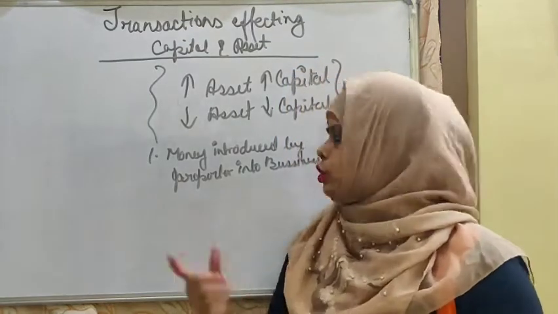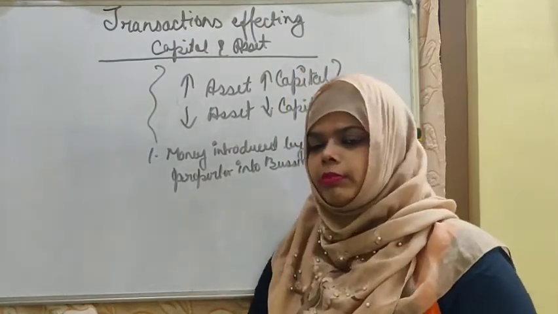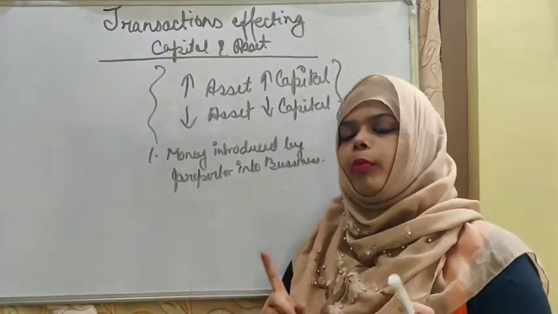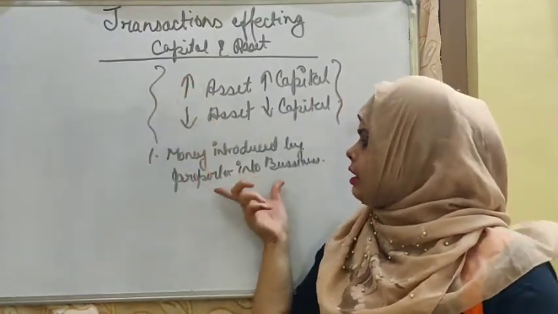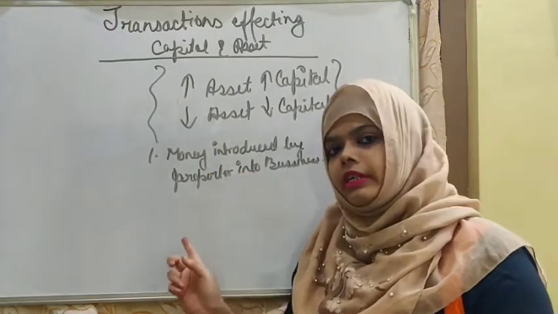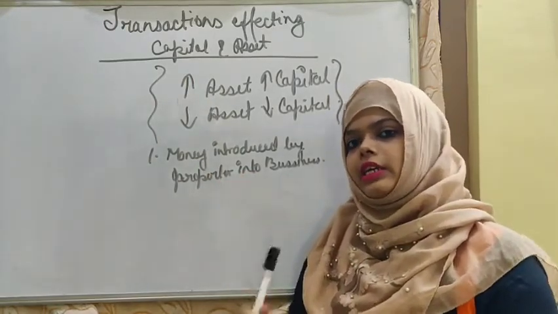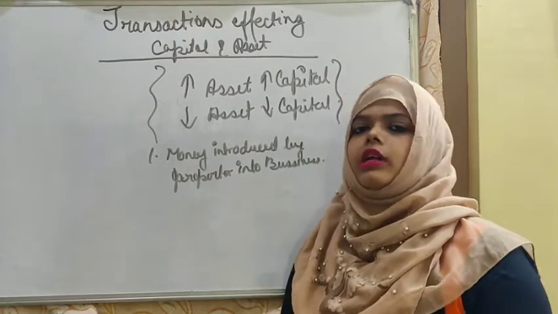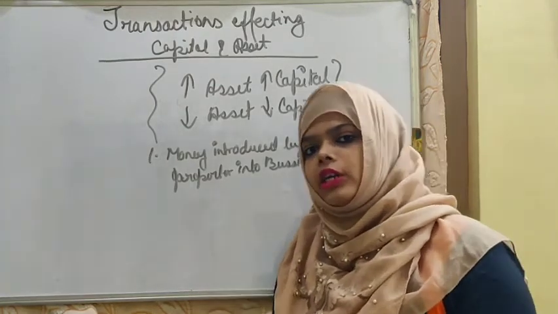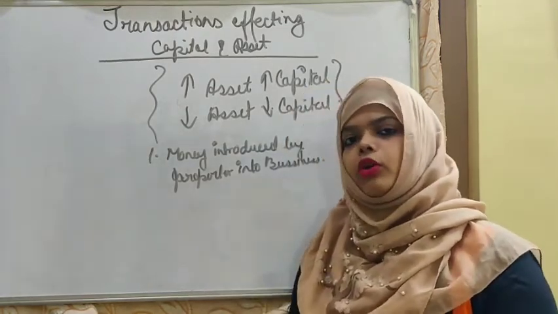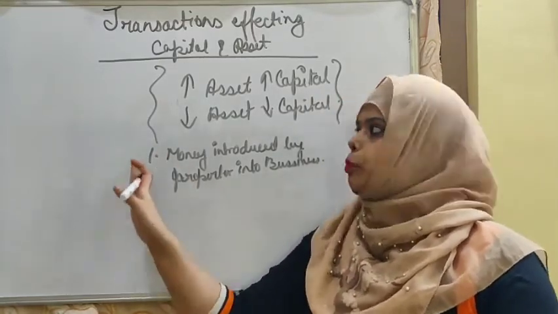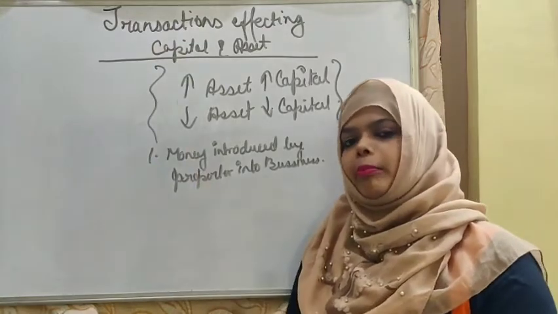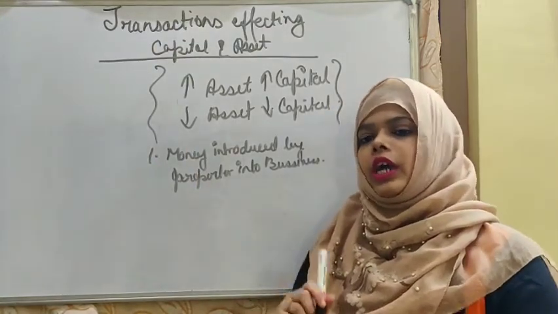Money introduced by the proprietor into the business, in the form of cash or kind, comes under the asset part, and the introduction of money is the meaning of capital. The money brought by the proprietor into the business for the commencement of the business is the capital. So this transaction will affect both the asset and the capital part of an accounting equation.